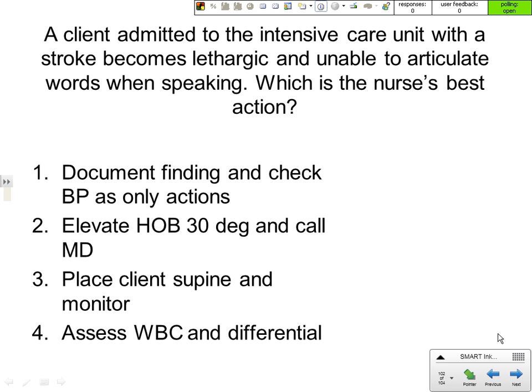The client admitted to the ICU with a stroke becomes lethargic and unable to articulate words when speaking. Which is the nurse's best action? Document the finding and check BP as the only actions. Elevate the head of the bed 30 degrees and call the doctor. Place the client supine and monitor.